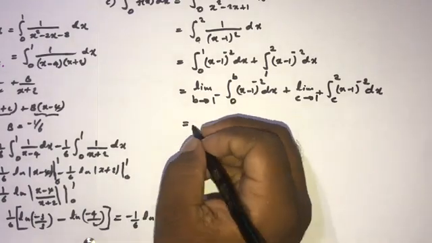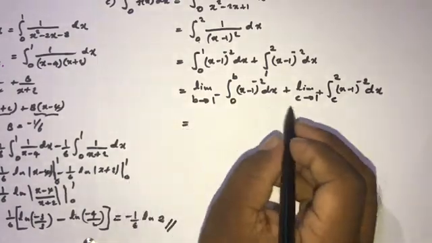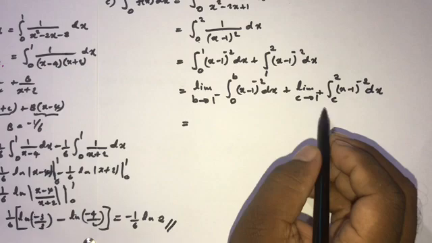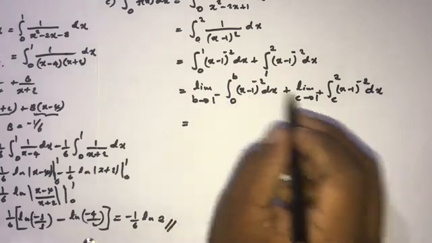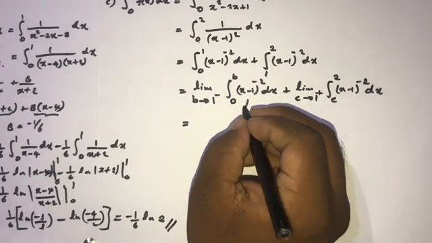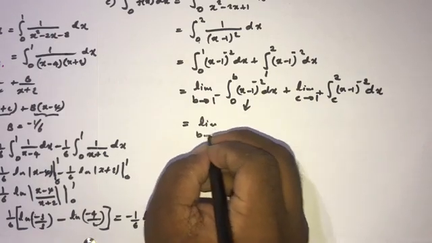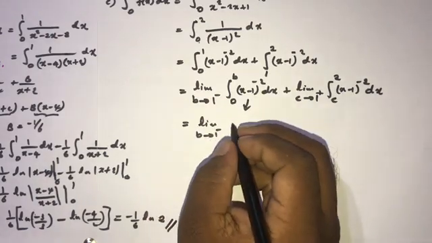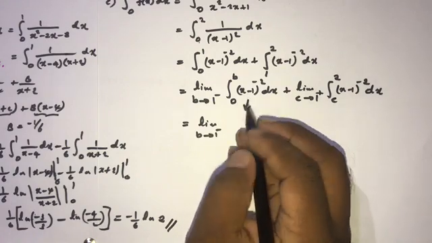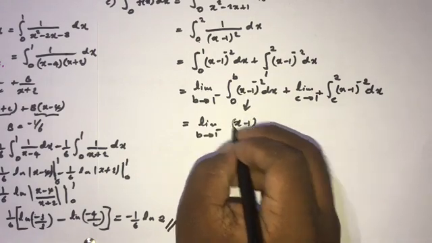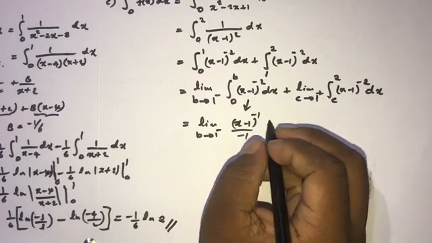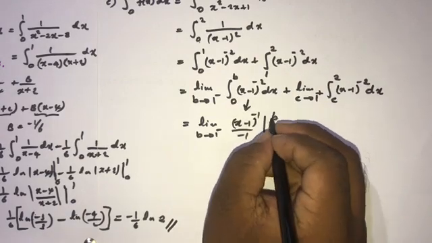Okay, then here we have two limit questions, so I'm going to take this one first. We can write now limit b approaches 1 from the left-hand side. Here if we integrate this, we know (x-1)^(-1) over minus 1 from 0 to b.